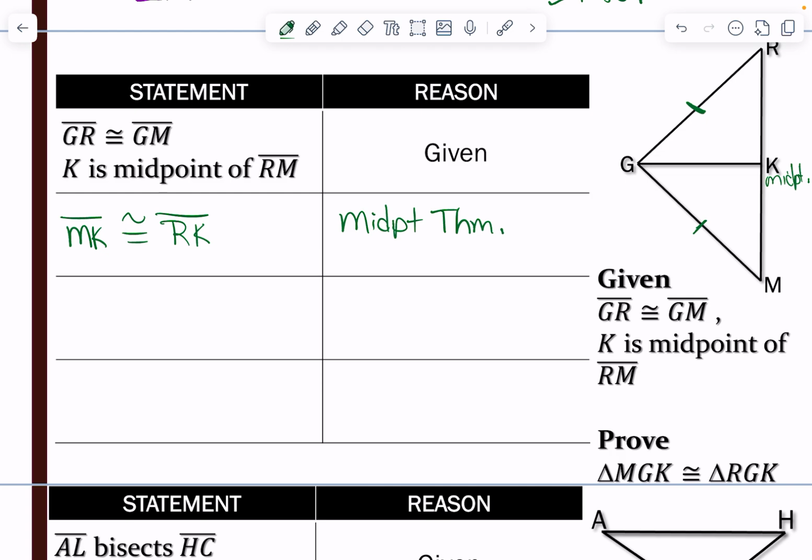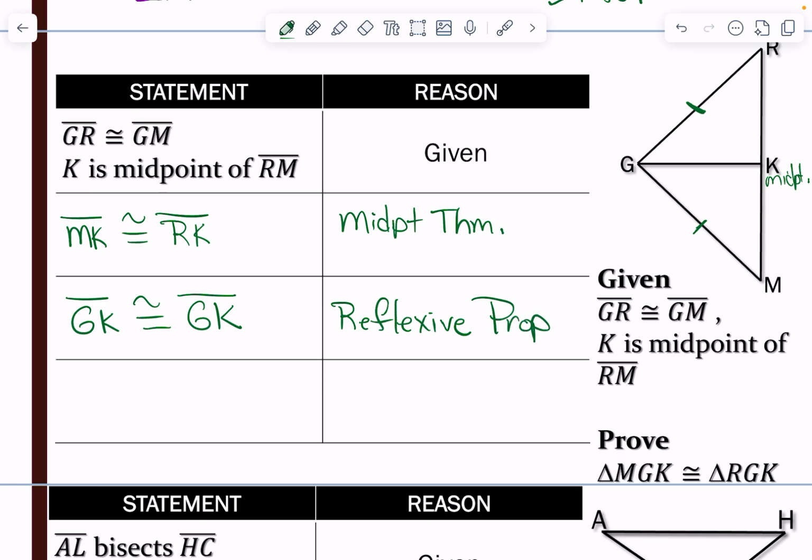So MK is congruent to RK through the midpoint theorem. Next, I also know that GK is congruent to GK, and that is because of the reflexive property, because one line is always congruent to itself.